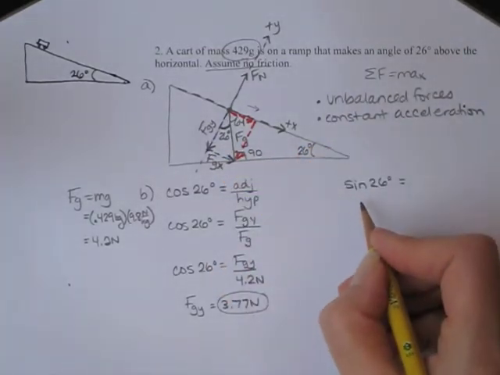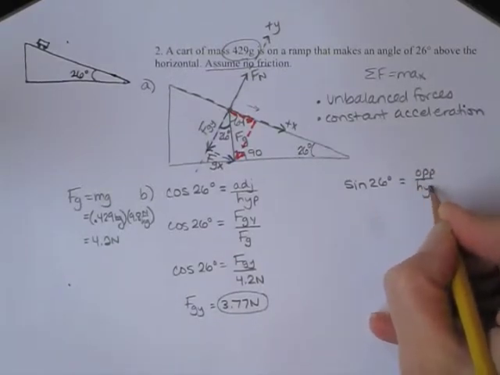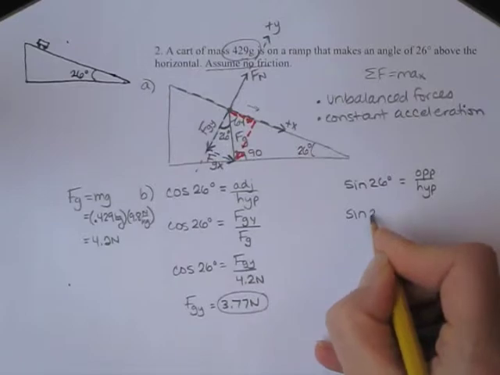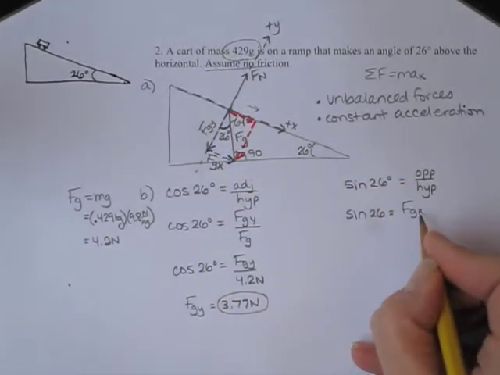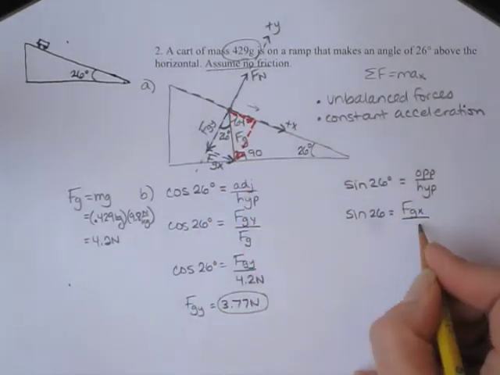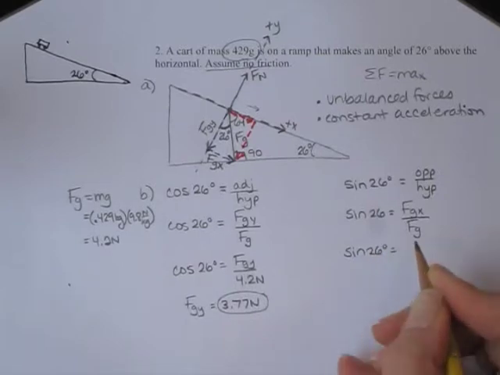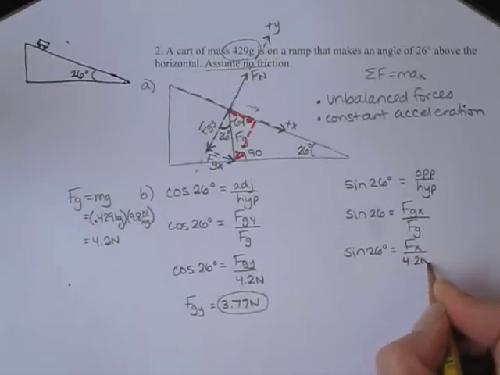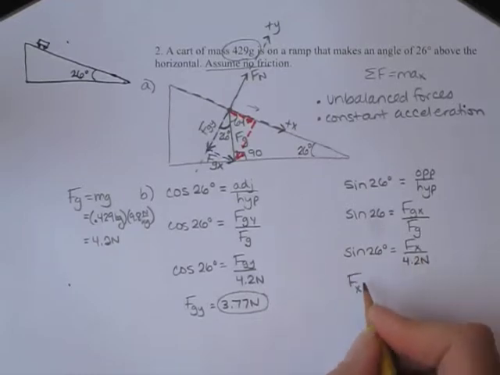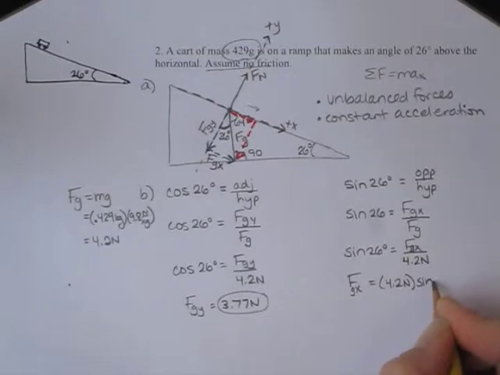Okay, let's find the other component. Sine of 26 equals opposite over hypotenuse. Opposite my angle is FGX. Hypotenuse is the force of gravity. So substituting my force of gravity, I can solve for FGX, which is 4.2 newtons times the sine of 26.